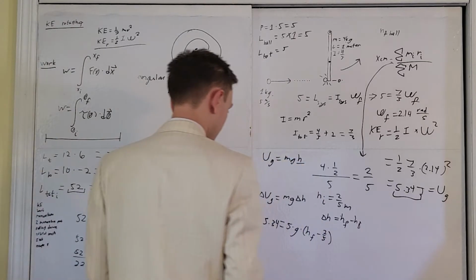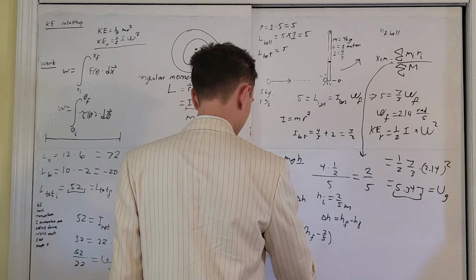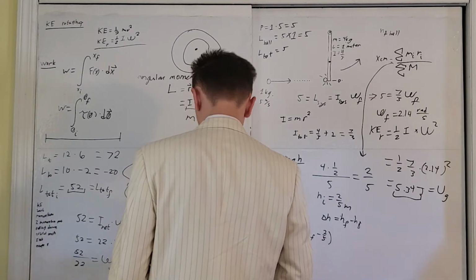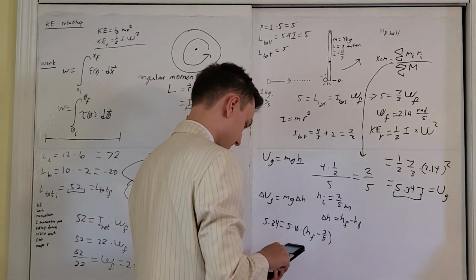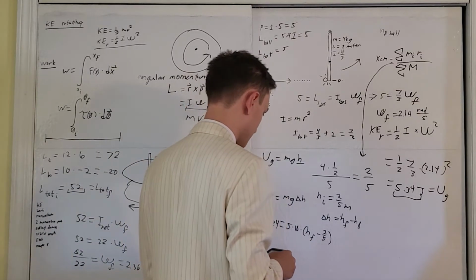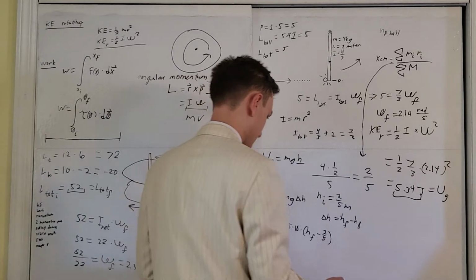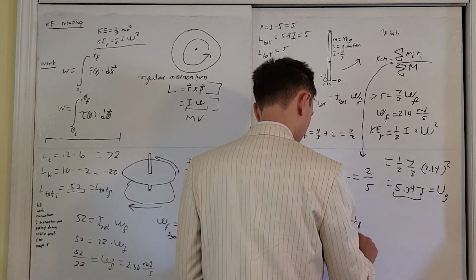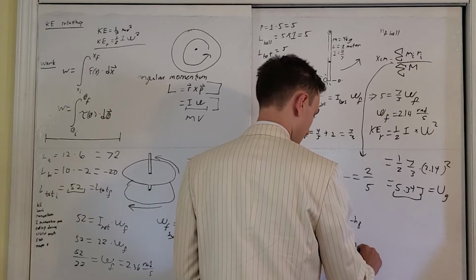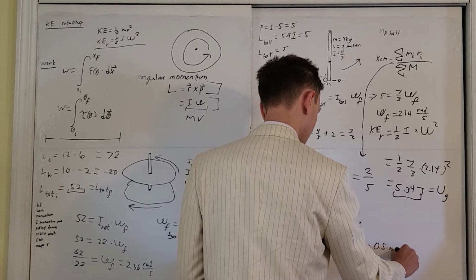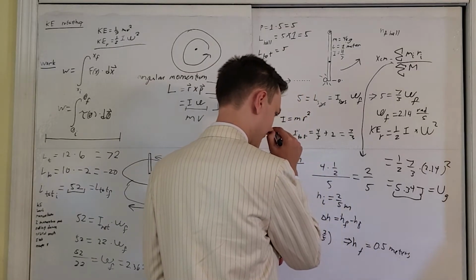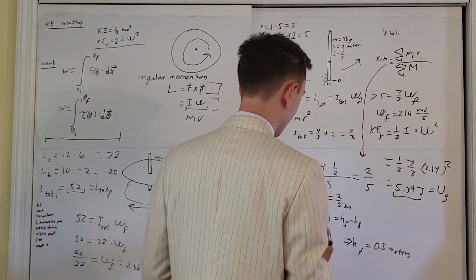G, of course, we're going to assume is 10. So I'm going to divide 5.34 by 50. And now I'm going to add 2/5 to both sides, such that my final height, h sub f, is going to be 0.5 meters. Whereas the initial height was 2/5 of a meter, or 0.4 meters.